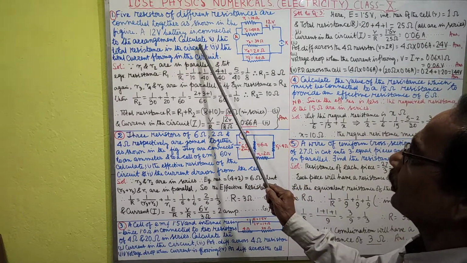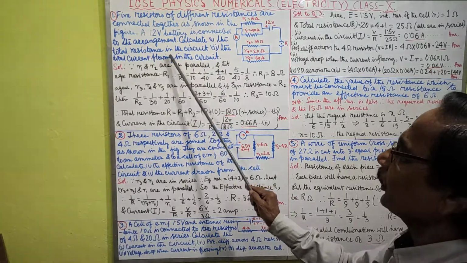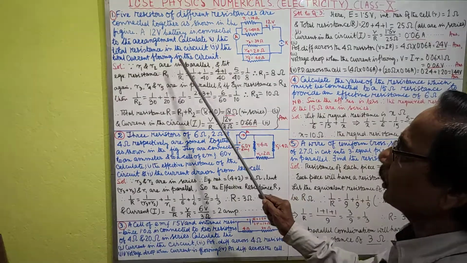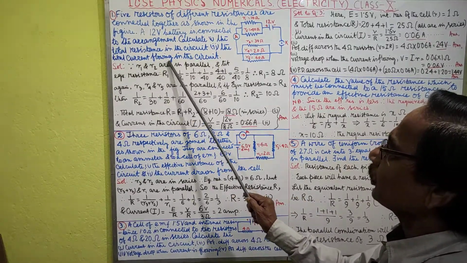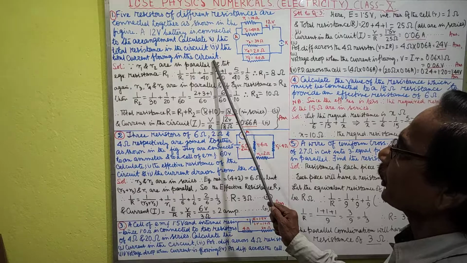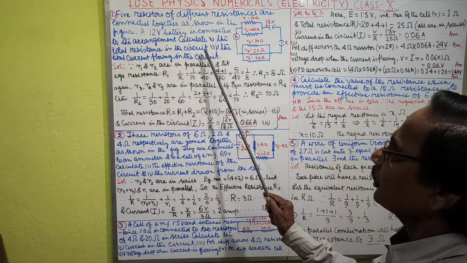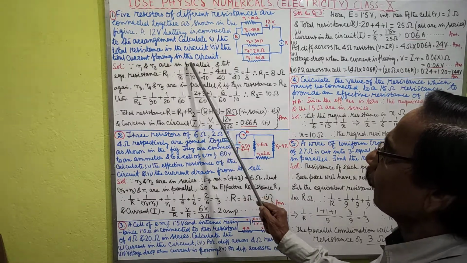I have to calculate, number 1, the total resistance in the circuit, and number 2, the total current flowing in the circuit. We have got two questions.